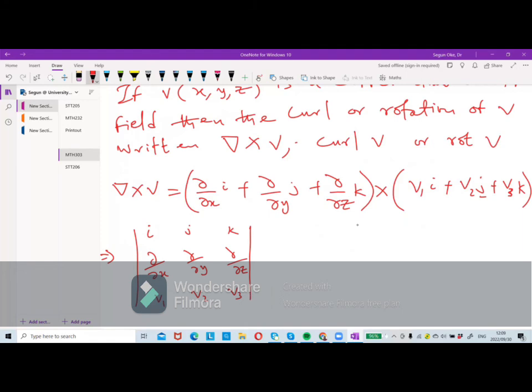So how do we resolve this one? The way we solved the other time, we take i. When you take i, everything here will disappear. You have d dy over V2, then d dz over V3.